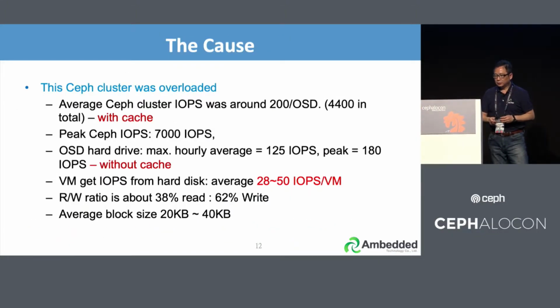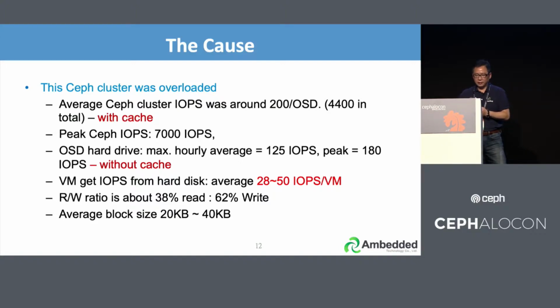So we can know from the log that at the level of the Ceph cluster, the IOPS is about 200 IOPS per OSD. This is quite high, and the total peak IOPS of the cluster is 7,000.